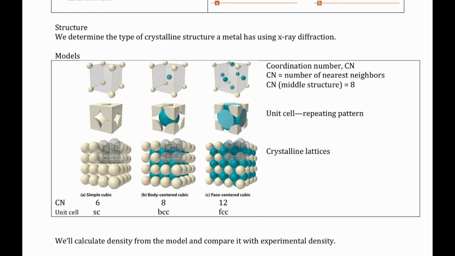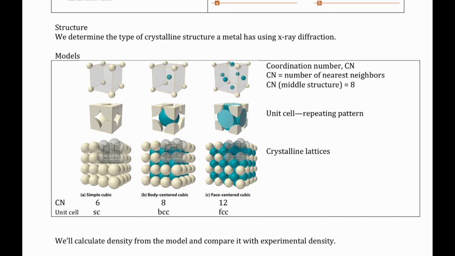We have an atom in the middle, and then we have those 8 corner pieces around it. Notice simple cubic is only those 8 corner pieces. And then face-centered cubic, FCC, there we have half of a face atom on each of the 6 sides of the cube, as well as those 8 corner atoms.